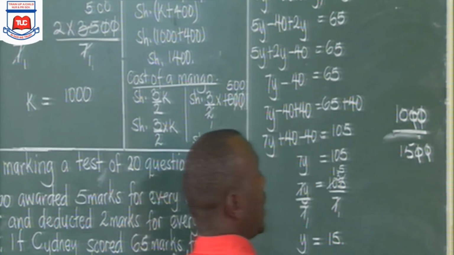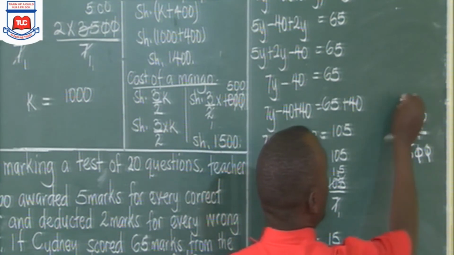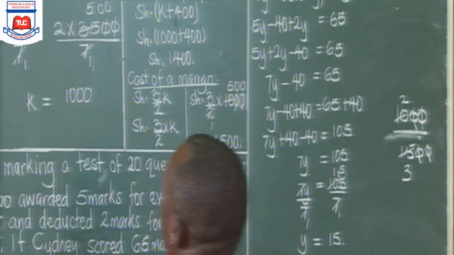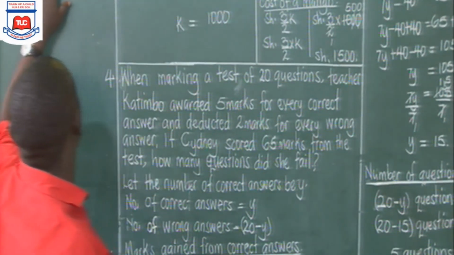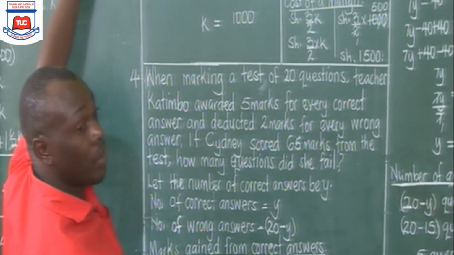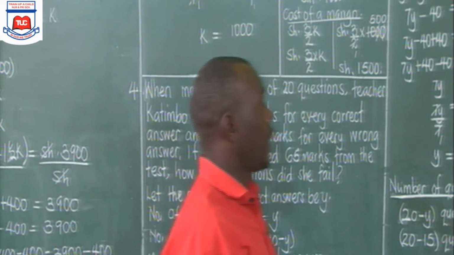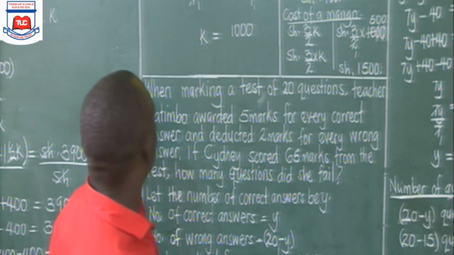Divide 10 and 15. Actually, common divisor is 5. By 5, you get 2. And here, you get 3. It's actually evidenced by that kind of proof. And evident now that actually the cost of an apple is 2/3 that of a mango. Then you will know you have answered the question successfully.